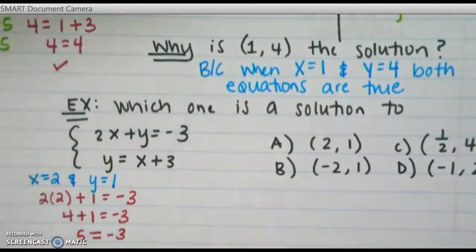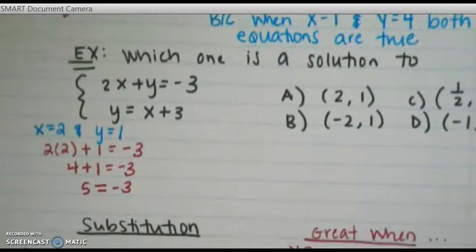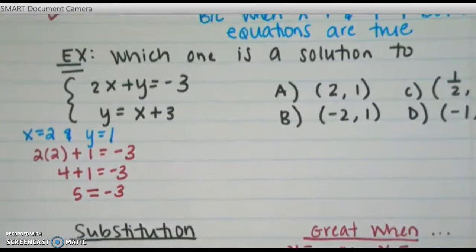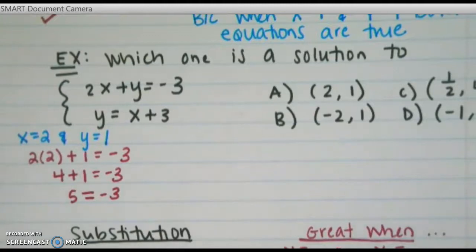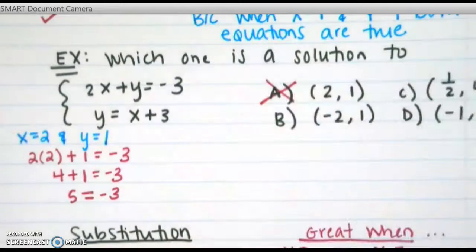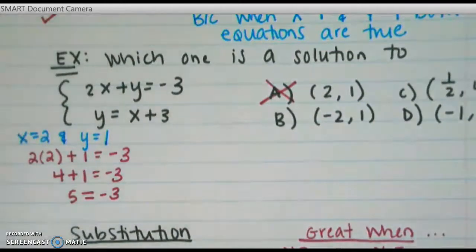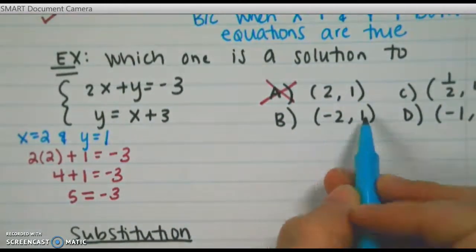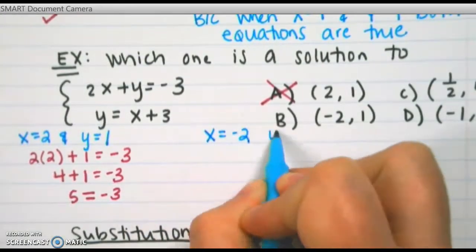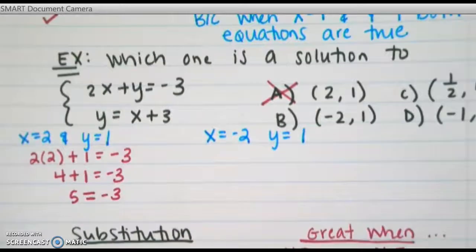So as soon as we figure out that it doesn't work for one of the lines, it can't be a solution. Because by definition, a solution has to work for both of them. So A is out. It's not A. All right, B wants me to use the point negative 2, 1. So that means the x is negative 2 and the y is 1.